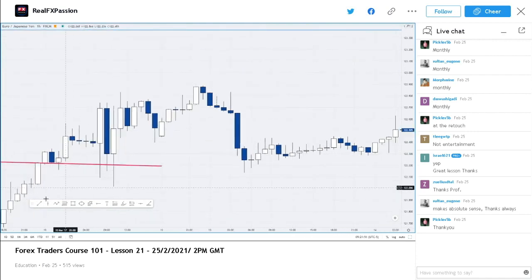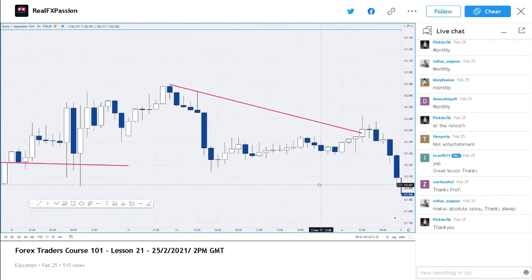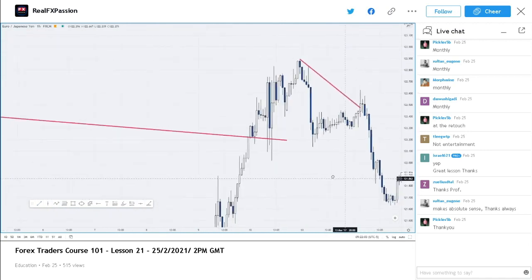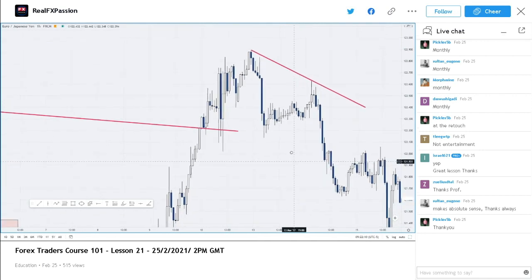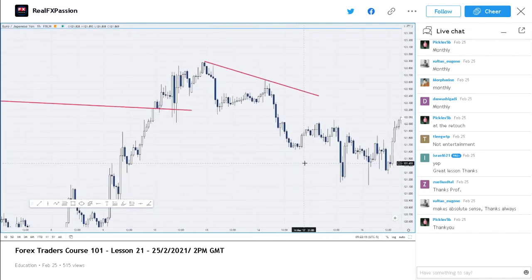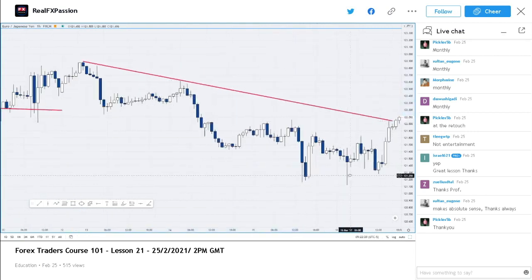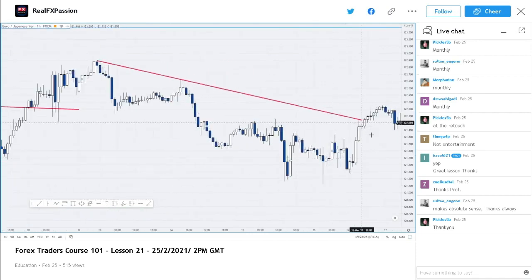And 1, 2, 3, like a counter trend line break, right? Not yet. So 1, 2, 3, falling down. Still falling down. So this would be the counter trend line, right? Falling down further down, and 1, 2, 3, 4.